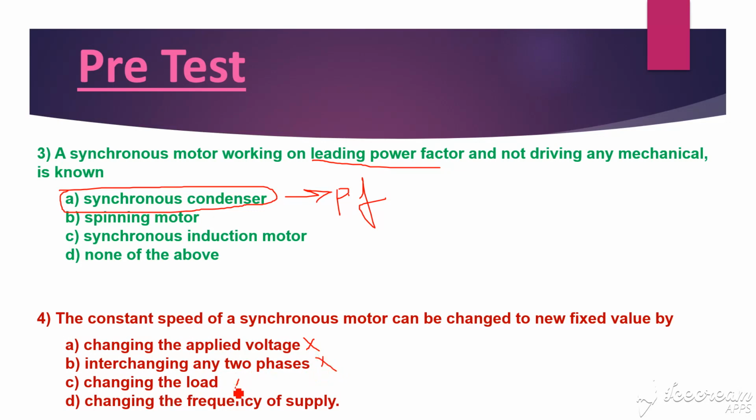With respect to load, from no load to full load, the speed of a synchronous motor is always constant. The only way to change the speed to a new value is by changing the frequency of the supply. So the correct answer is option D.